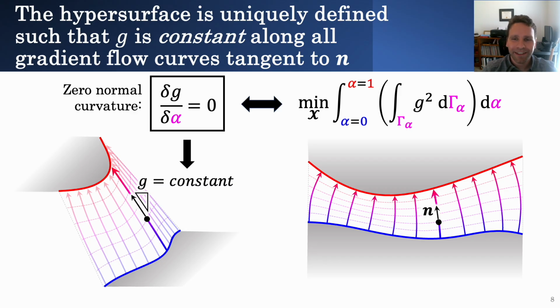Alternatively, or equivalently, we could pose that as being the solution to the minimization of this corresponding action functional involving the minimization of this integral over the foliated collection of hypersurfaces with G squared in the integrand.